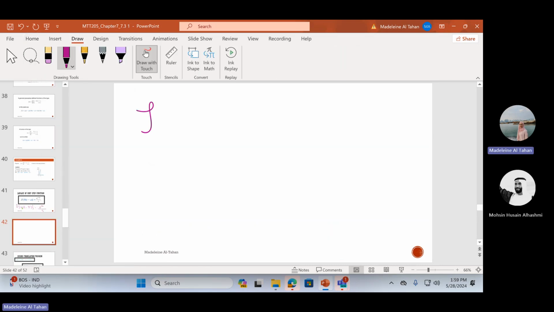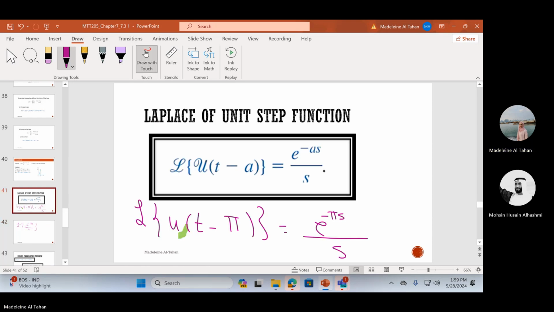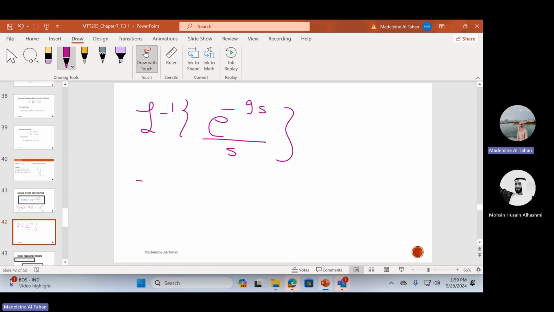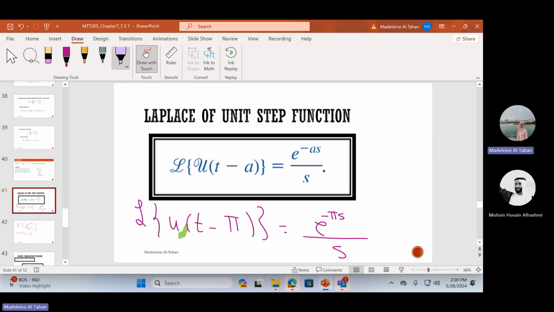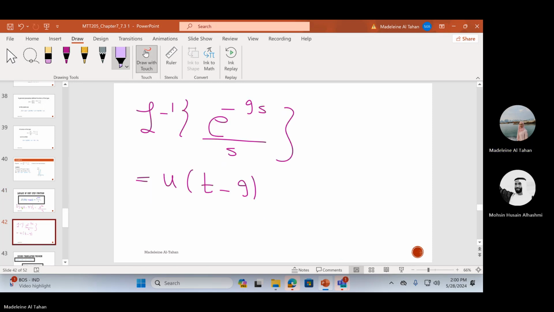So if you want the inverse Laplace of e to the negative 9s over s, it will be equal to u(t - 9). Is it plus or minus? Look at this: it is always minus a, always minus. You don't have a plus here; plus would be wrong. Any questions about the first idea that we have here?